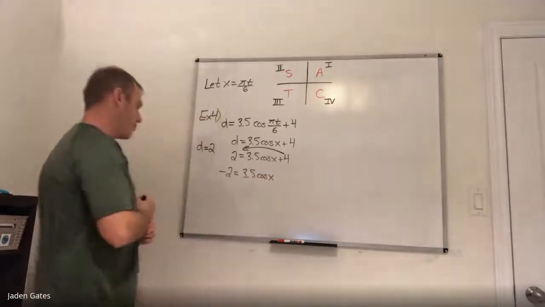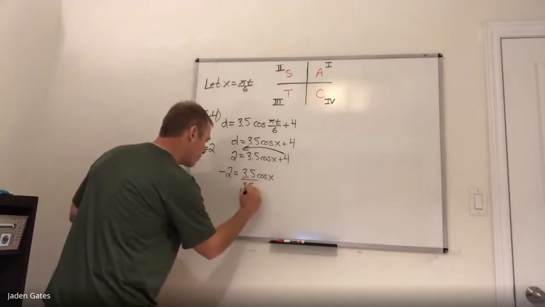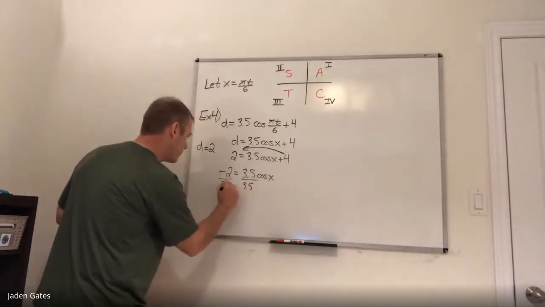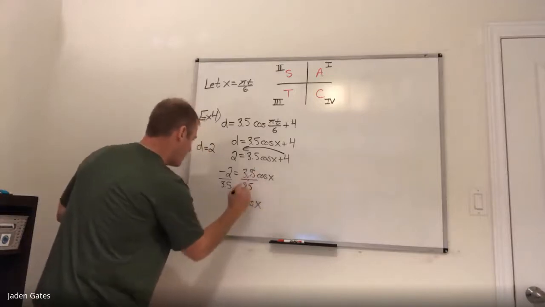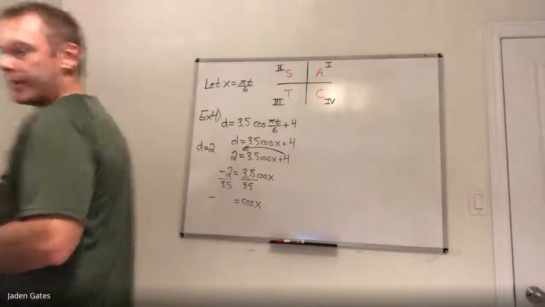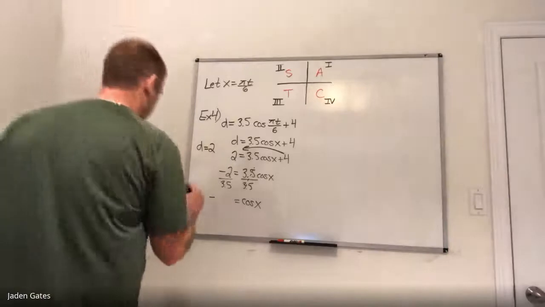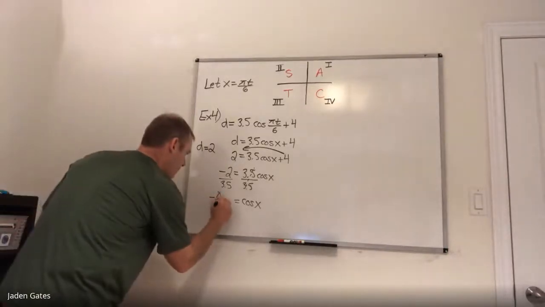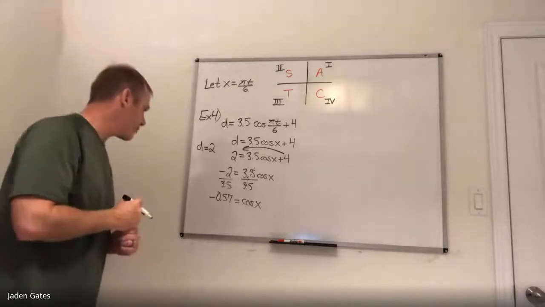I still don't have my function by itself, so I'm going to divide both sides by 3.5. That gives cos x equals negative 2 divided by 3.5, which is negative 0.57.